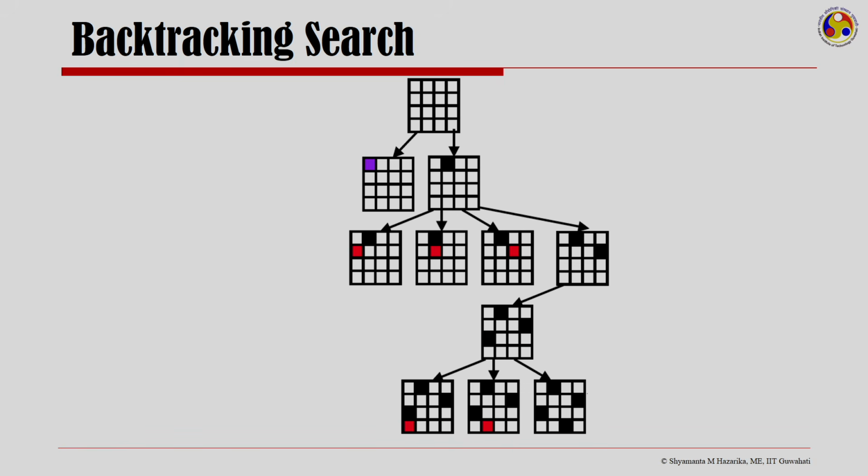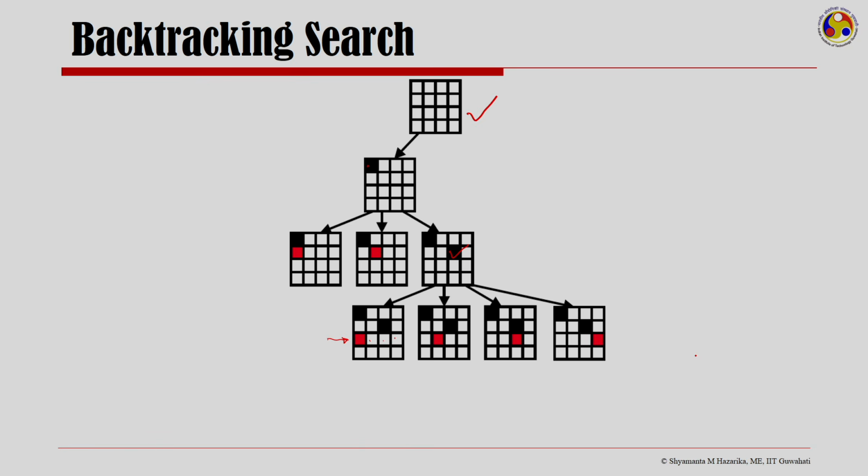We backtrack to the point where we put our first queen on the second column, and then we have the queen here. In the third row, we could have a legal position at this point. Given these 3 queens, we could get a legal position for our 4th queen. So that's our solution. That's how backtracking search works.